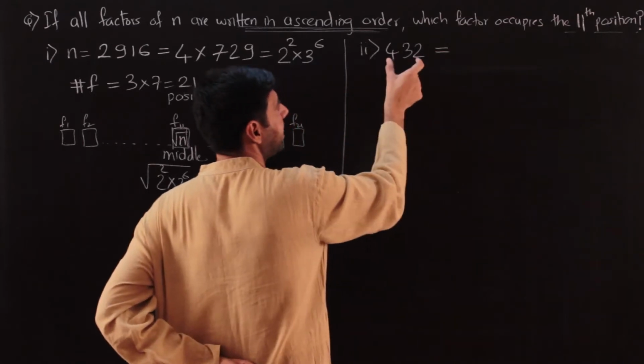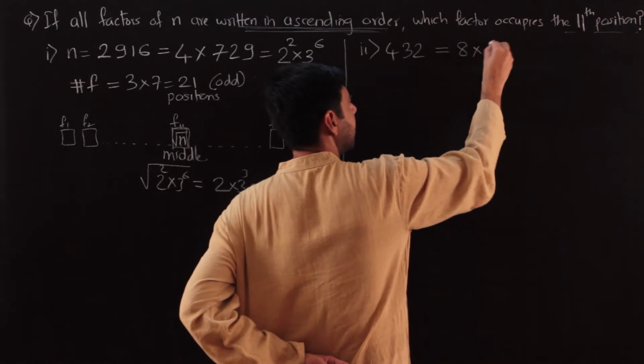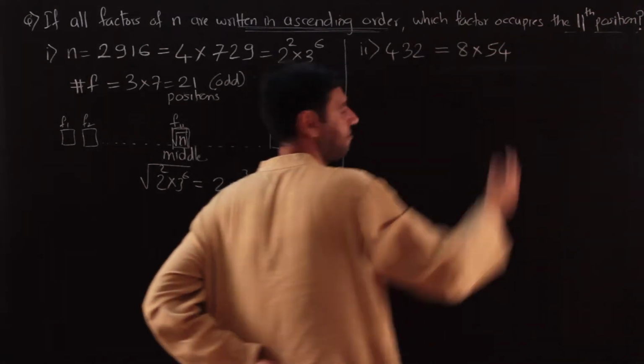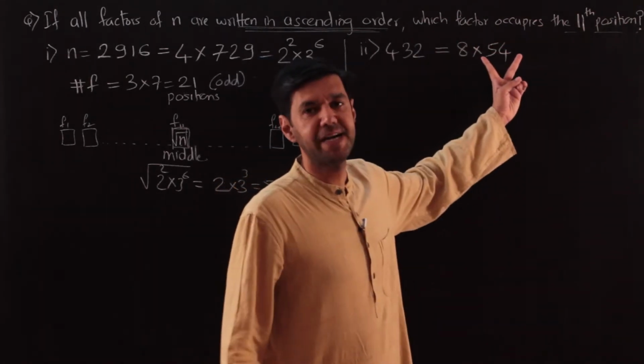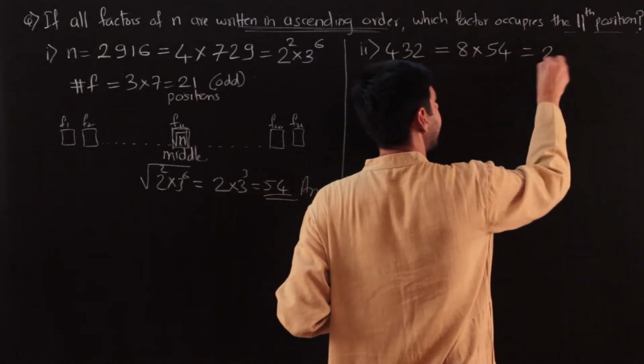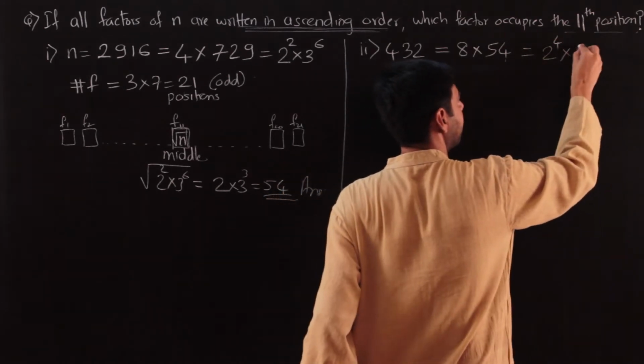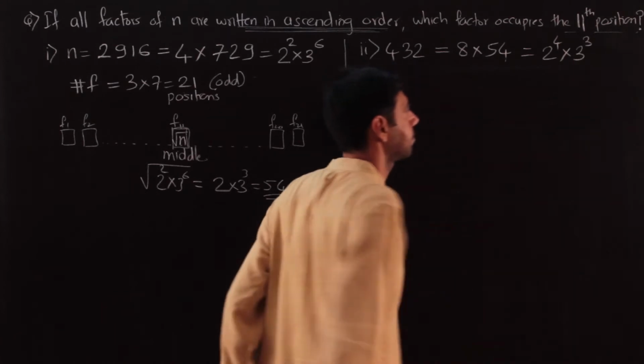Is it divisible by 4? Yes. By 8? Yes. So 8 5s are 40, 32 will become a 54. 54 is 27 into 2. So when I factorize it, I get 2 cube and a 2 from here, that is 2 raised to 4, and 27. 27 is 3 cube.